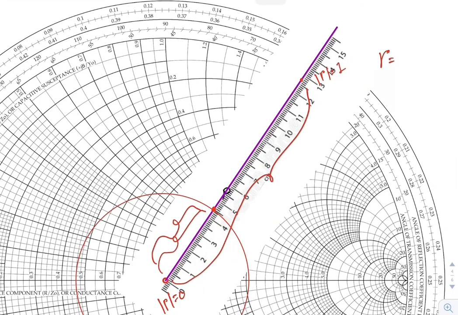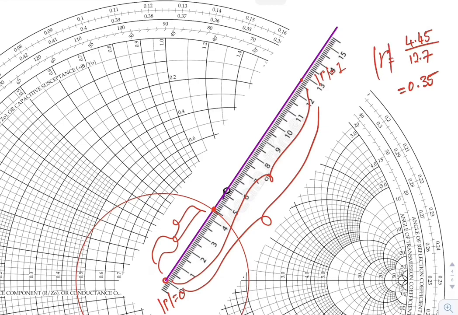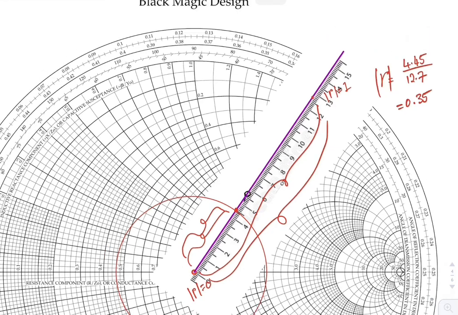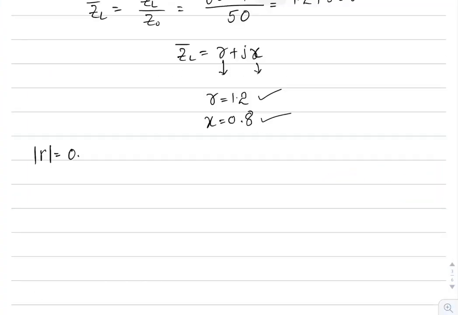Now this distance is 4.45 and the total distance up to mod gamma equal to 1 is 12.7. 4.45 divided by 12.7 gives you 0.35. Therefore, mod gamma equal to 0.35.